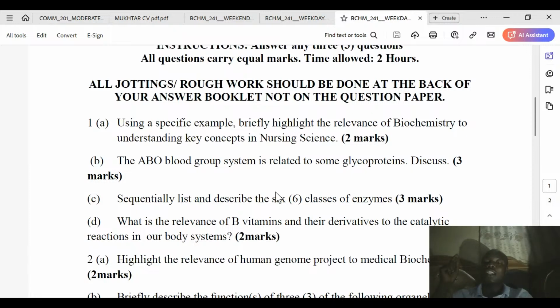And then the next one is hydrolase. The hydrolase catalyze hydrolysis. What is hydrolysis? Hydrolysis means breaking down of a compound with addition of water. So you add water molecules and then you break it.